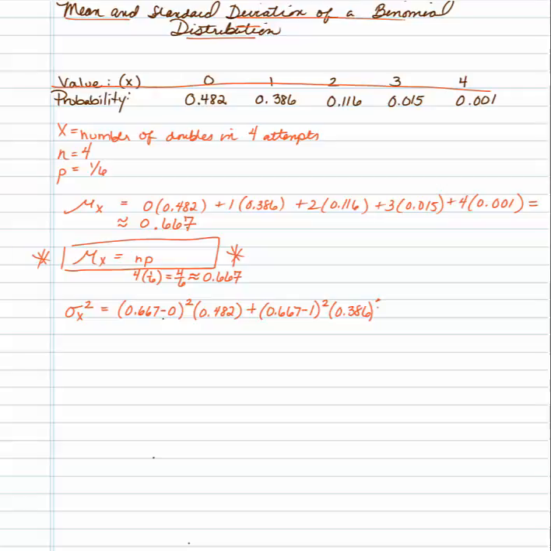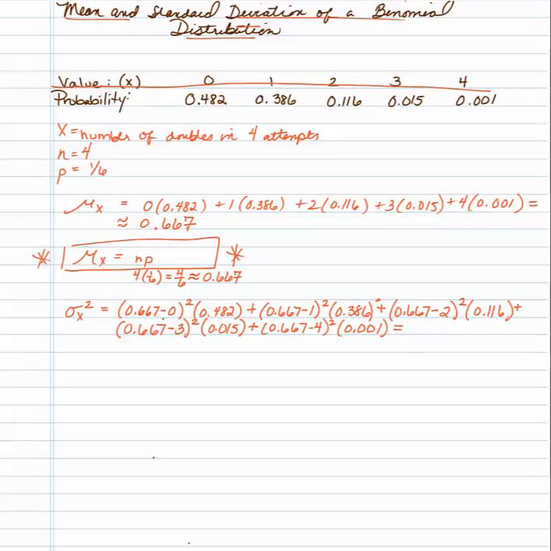Oops, getting ahead of myself. Take the mean, take away the value, square it, times it by the probability. The mean, take away the 3 this time, square it, and times it by its probability. The mean, take away the value, square it.